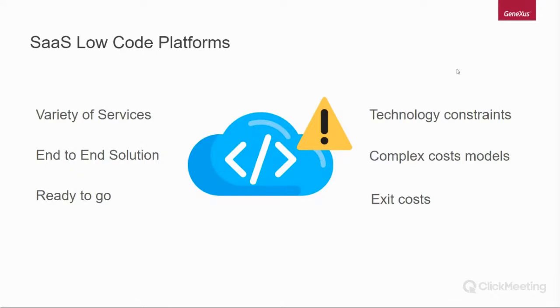Sometimes these platforms also use their own proprietary technology and don't allow you to access directly the code that you created using the platform. Therefore, you are captive of the platform itself. So the exit cost in that scenario will be even higher. So those are some things to keep in mind regarding going to SaaS low-code platforms.